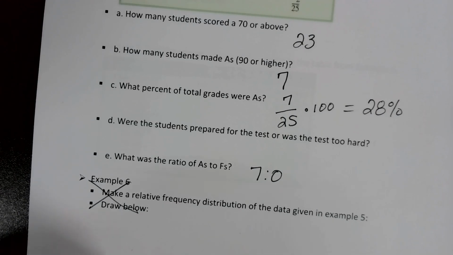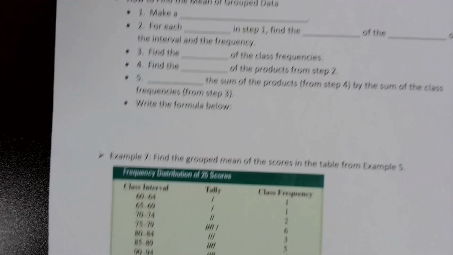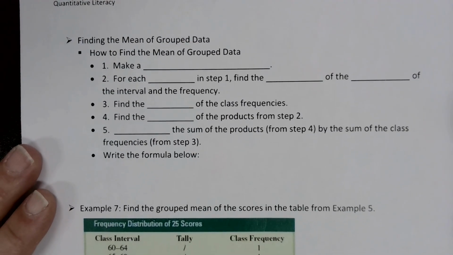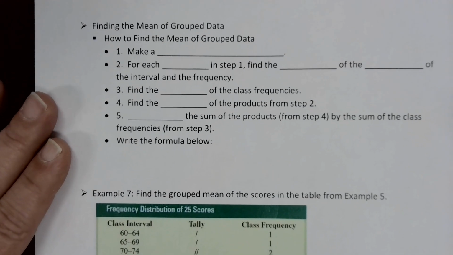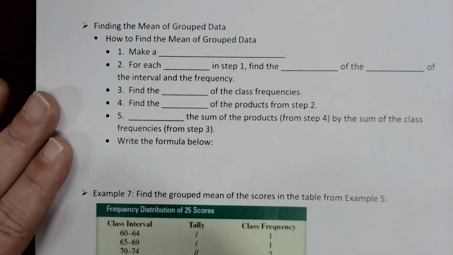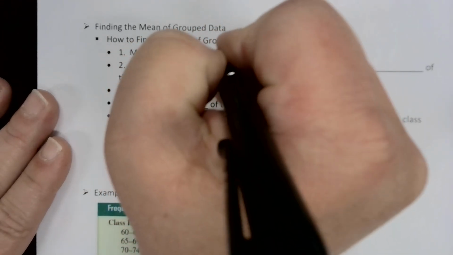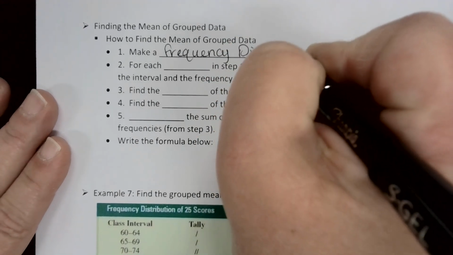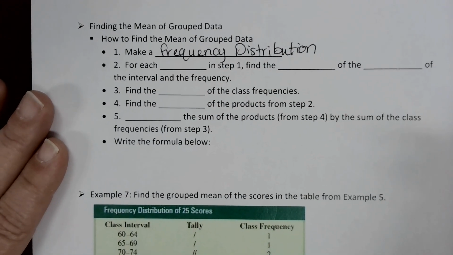Okay, we're going to use this again to be able to do other things with it. So we're going to find the mean of group data. This is group data, okay? We're going to make the frequency distribution, or we're going to have it given to us, which is going to be your case.